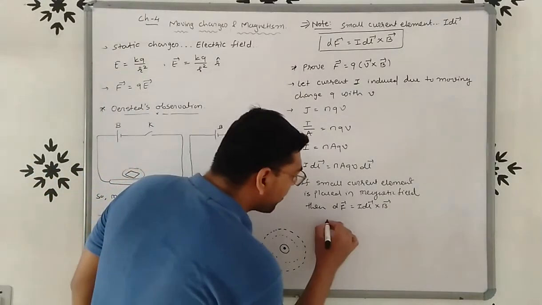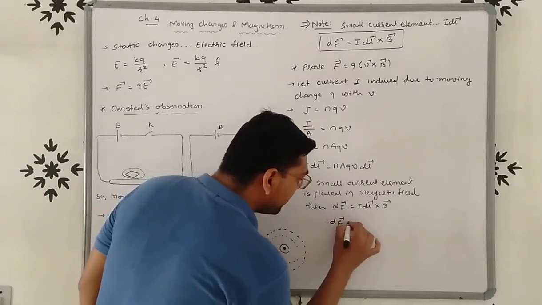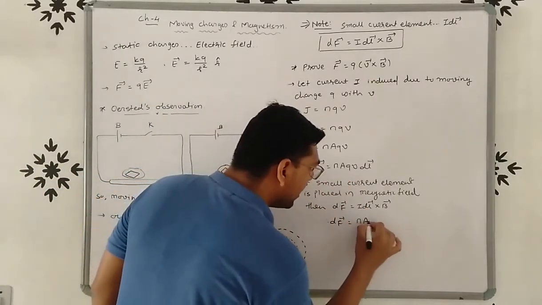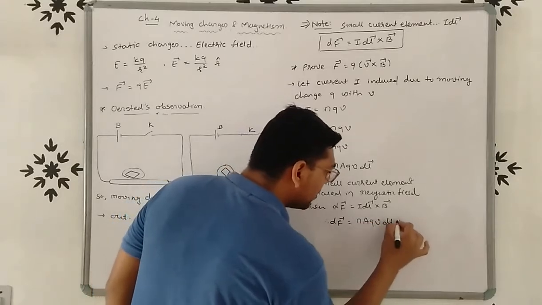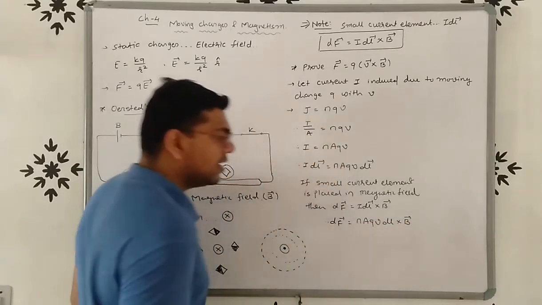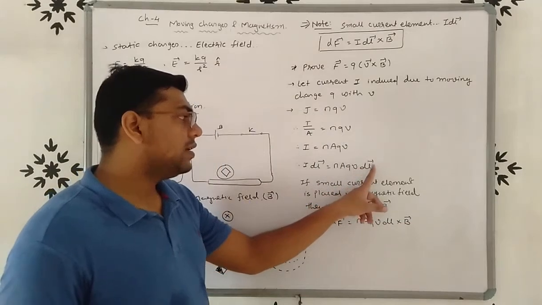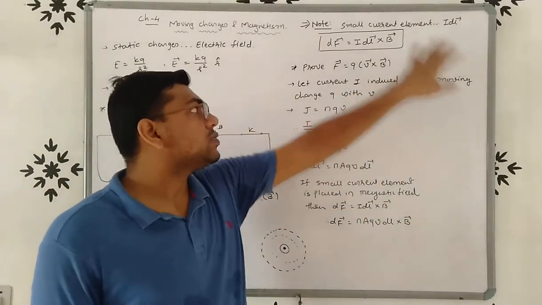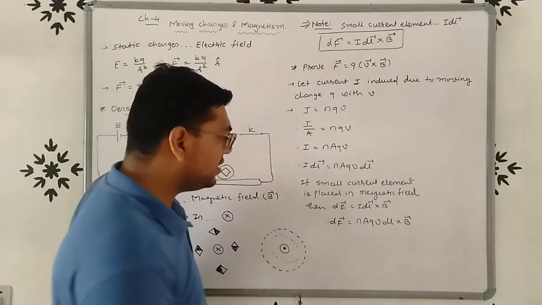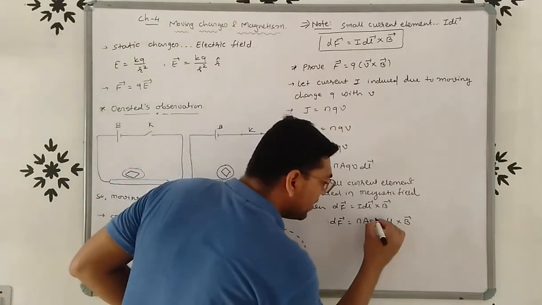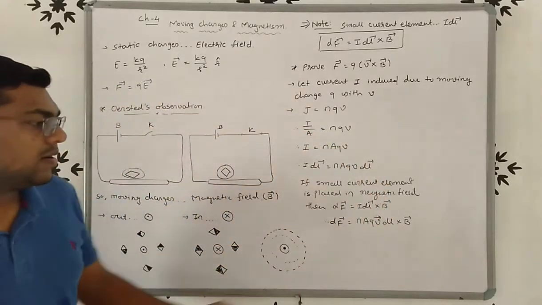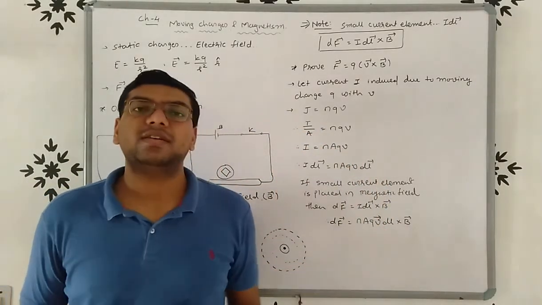Now dF is equal to IDL, and the value of IDL is NAQV dl cross B. Now here dl is a vector quantity, but this dl is a small current element, so instead of dl here we denote the vector by vector v.